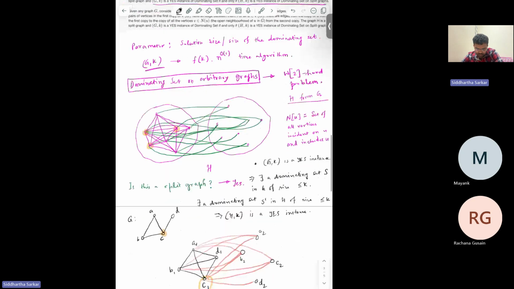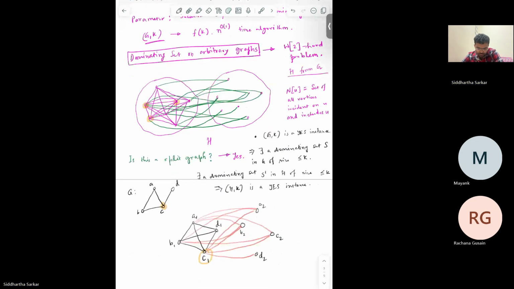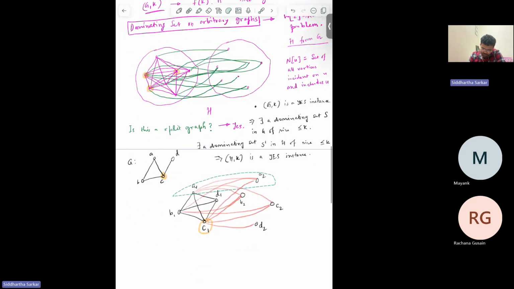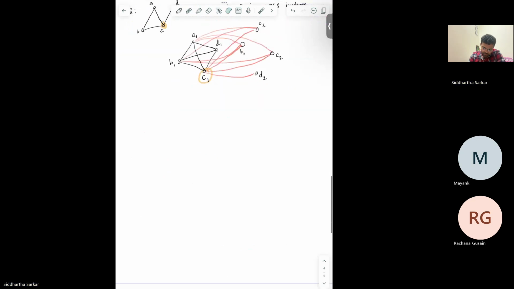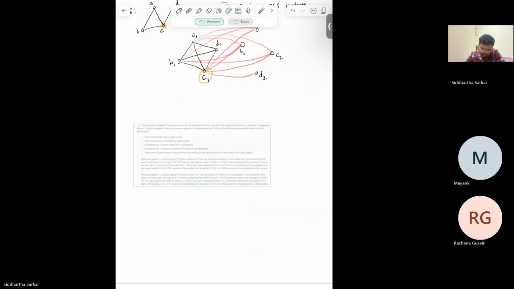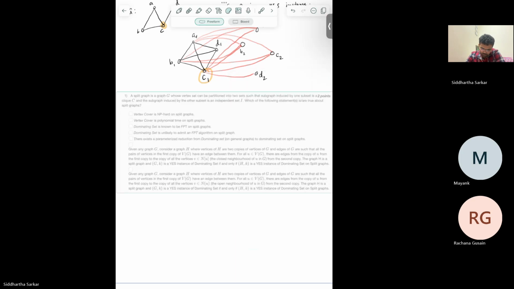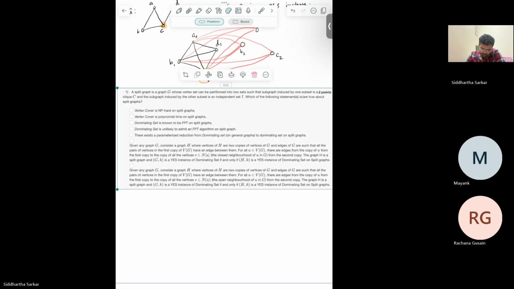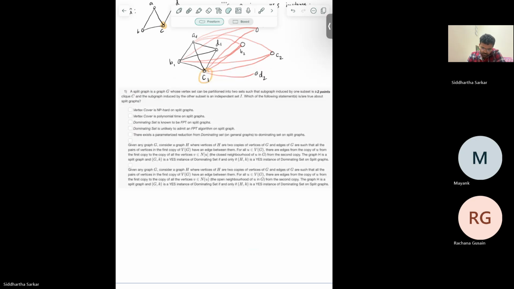So let us assume that H,K is an ES instance.